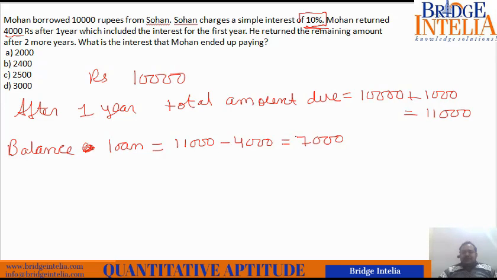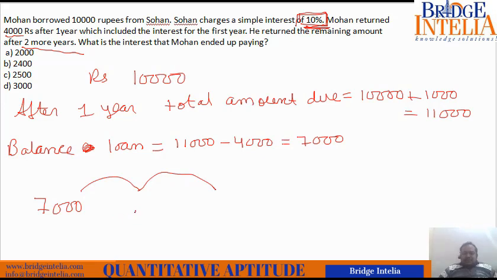So he could pay after 2 more years. So you mean to say that this 7,000 rupees, he managed to pay the entire amount after 2 years. That means in those 2 years also he was paying interest, at the rate of 10%. So 10%, that means 700.